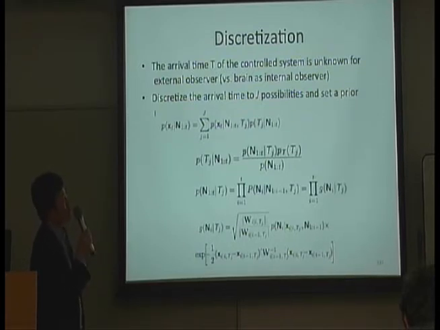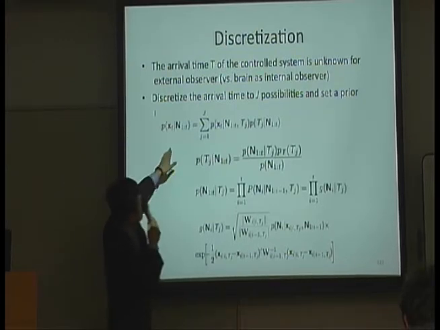There are different ways to solve this problem, but one way that Marian did is to discretize this time into multiple finite discrete possibilities.